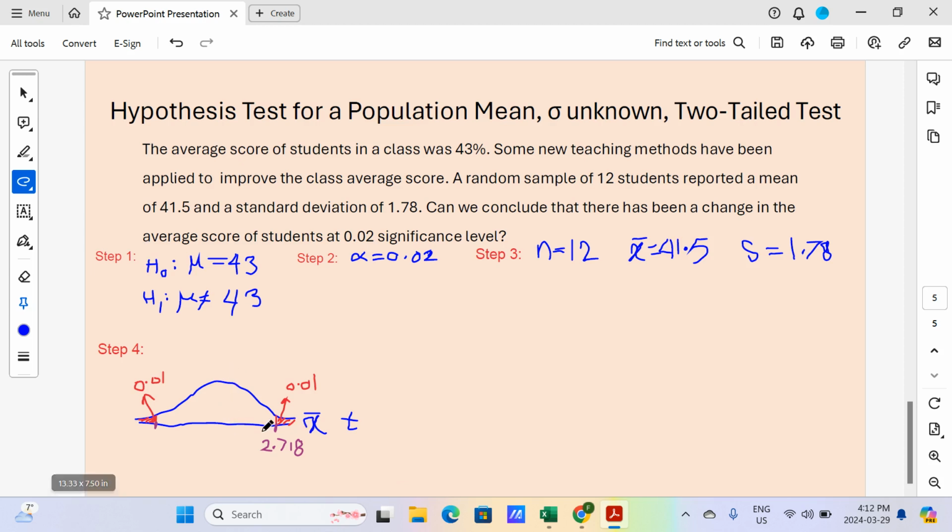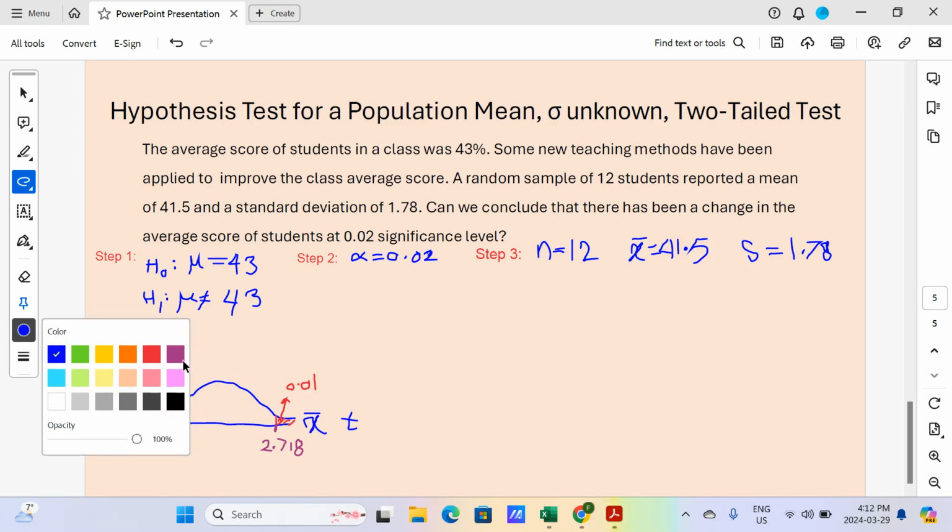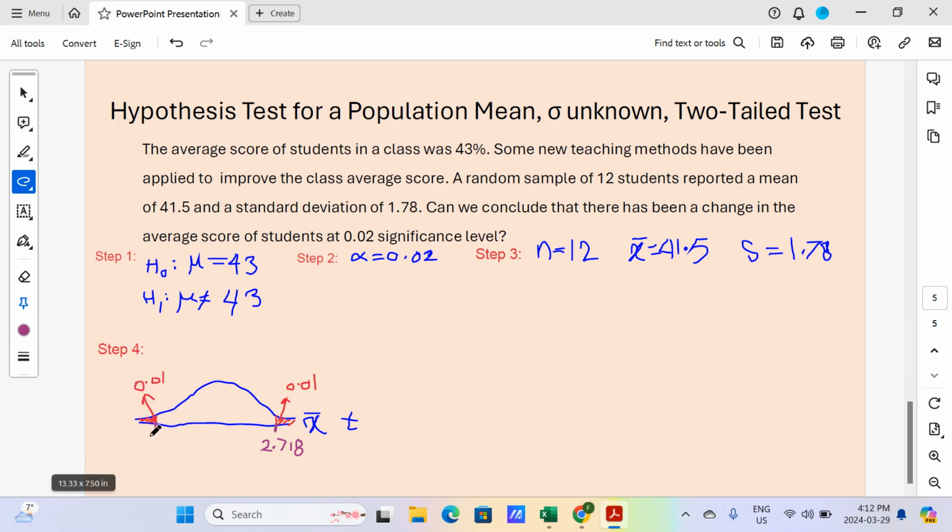On the right side of 0, we have positive numbers. On the left side of 0, we have negative numbers. So the cutoff point on the left side would be minus this cutoff point, minus 2.718. Now we have identified the rejection region clearly.